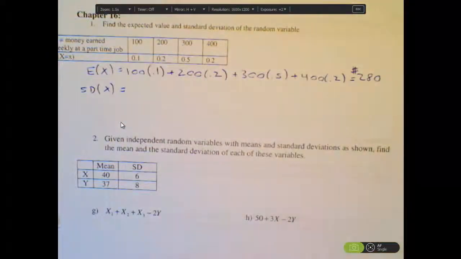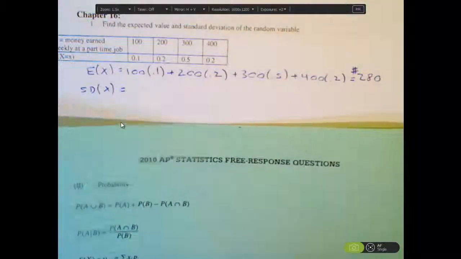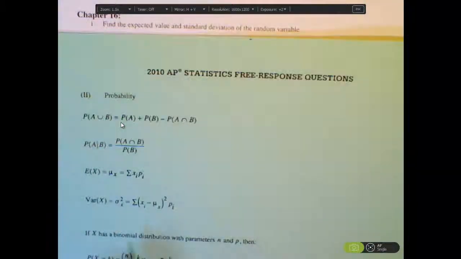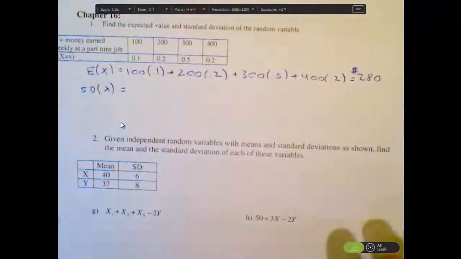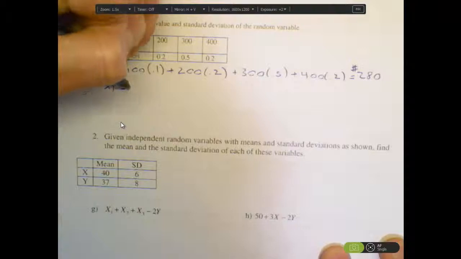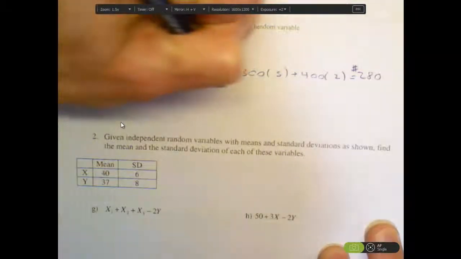I need units: $280. So for the standard deviation, going back to the formula here, your variance is the summation of each outcome minus the mean, squared, times the corresponding probability. Because it was variance and I need the standard deviation, I'm going to be taking the square root here.